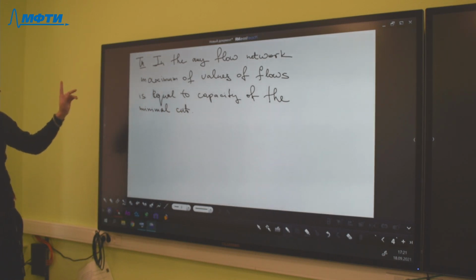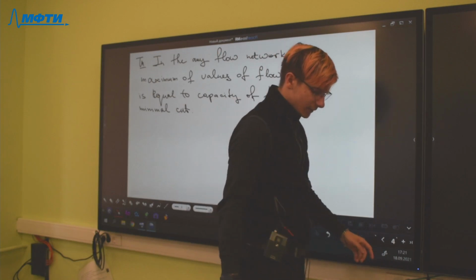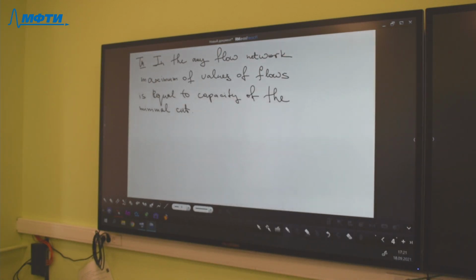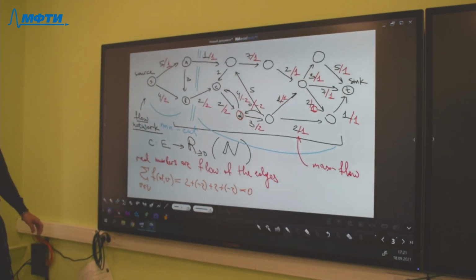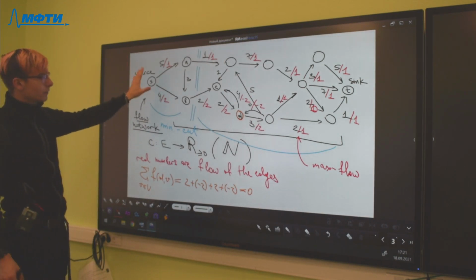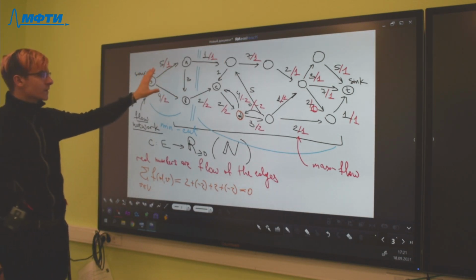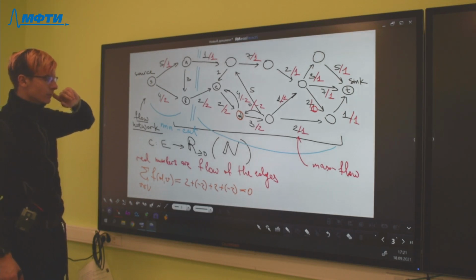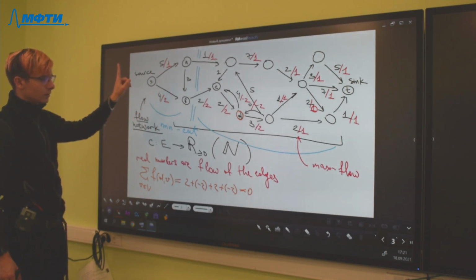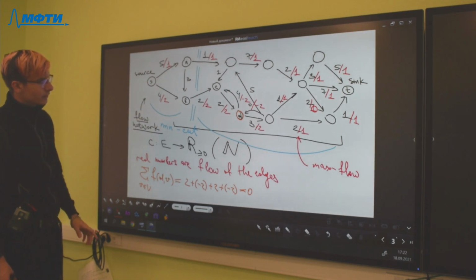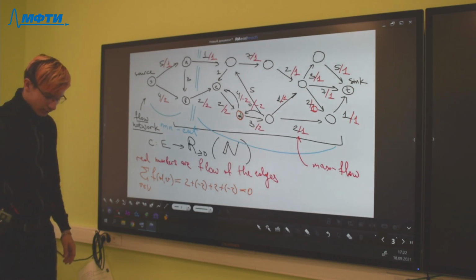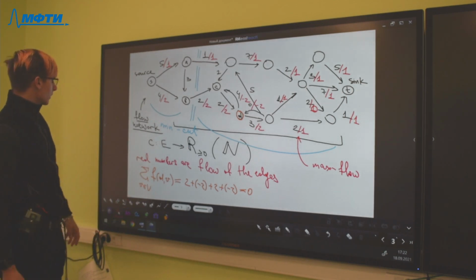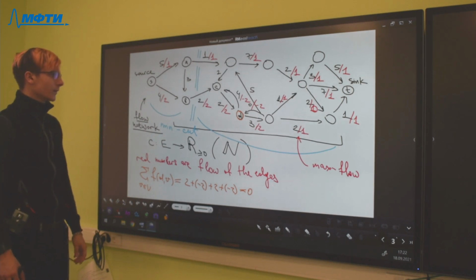And I will say about it in some minutes too. But now we can see that if we have a flow in the network and have capacities, we can draw another network, named a residual network, that can be built by the algorithm.